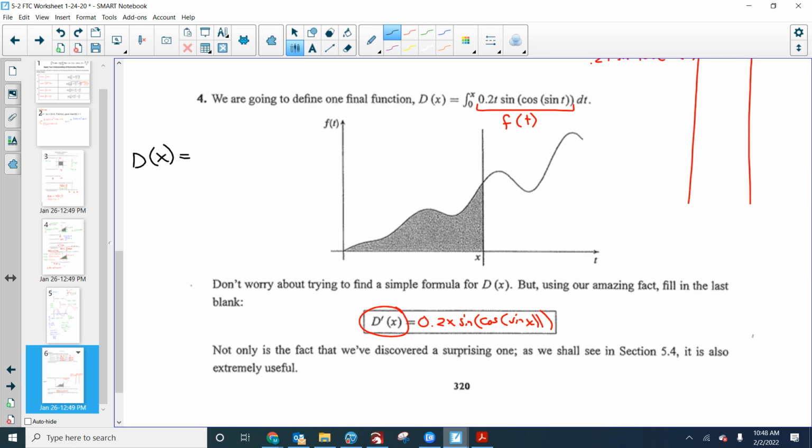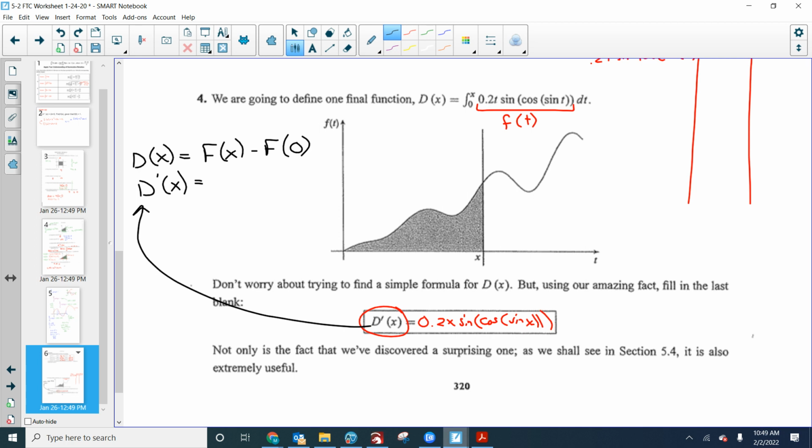So do you agree, if I wanted to actually calculate D of x by hand, I would do capital F of x minus capital F of 0. Do you agree with this? Symbolically, I don't know what the capital F function is. Pretend that we know it. I would plug in x, I would plug in 0, I would subtract. What is the D prime function? I know the answer, that's not what I'm asking. Symbolically, are you ready?